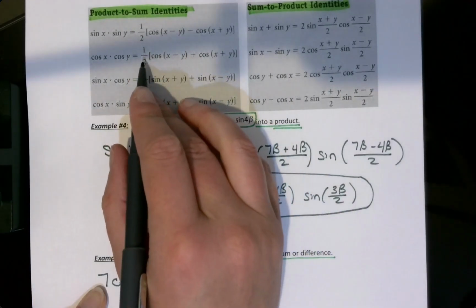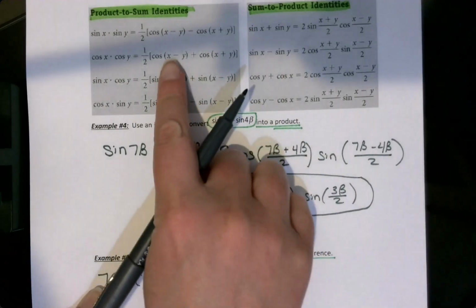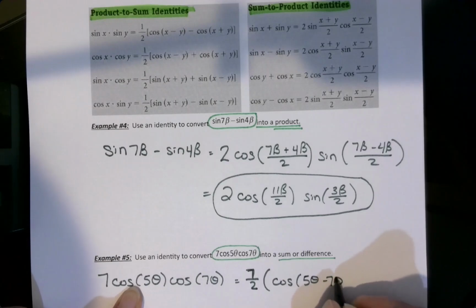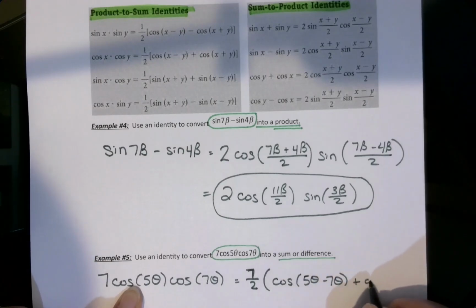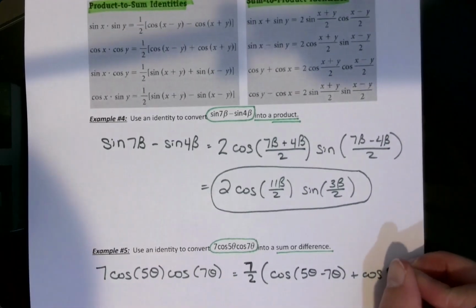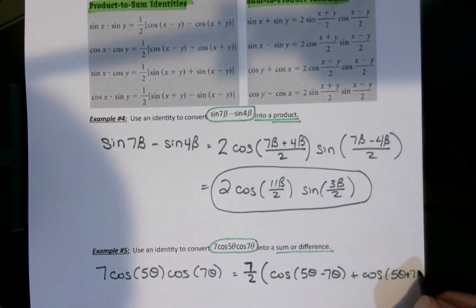7 times 1/2 cosine of the difference. So the difference of the two angles will be 5 theta minus 7 theta plus cosine of the sum, 5 theta plus 7 theta.